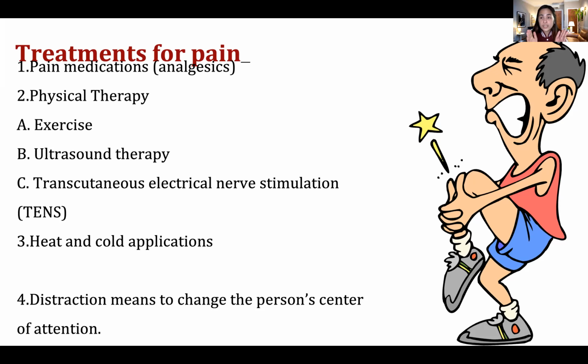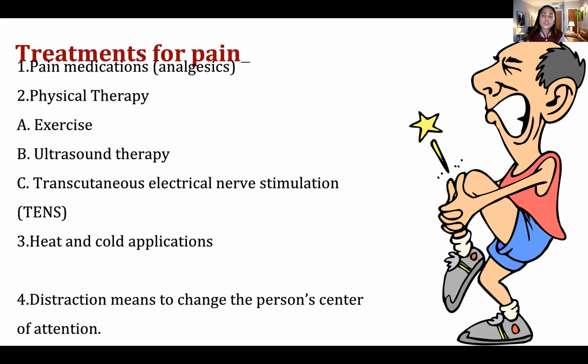So cold applications will constrict the veins, so it will lessen the blood supply in the area. Usually, cold applications are put for patients with swelling, like, for example, you have fractures, you had a sprain. So you are putting cold applications on the top of your foot.